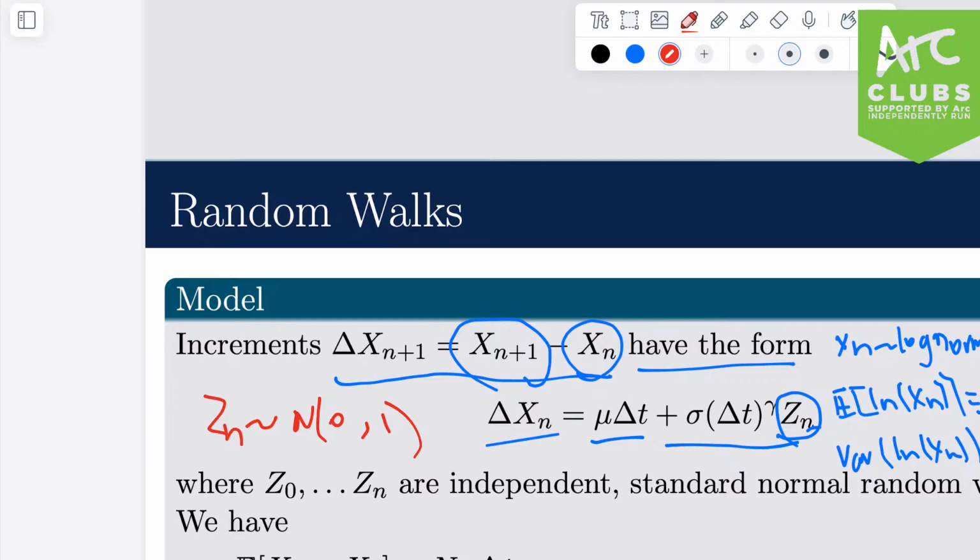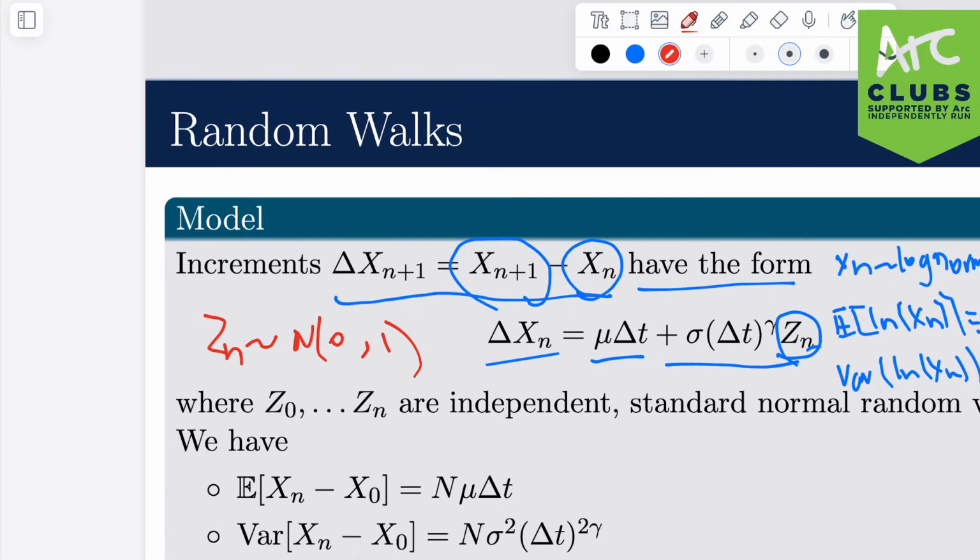So the expectation of xn minus x0 is just n steps times mu times the difference in t. Again, we use delta a lot just because we are looking at discrete steps here. If x0 is known, which is usually the case, because x0 is your stock price today and you already know it, you want to simulate what happens after n days. Then our expected value of xn is just x0 plus mu times t.